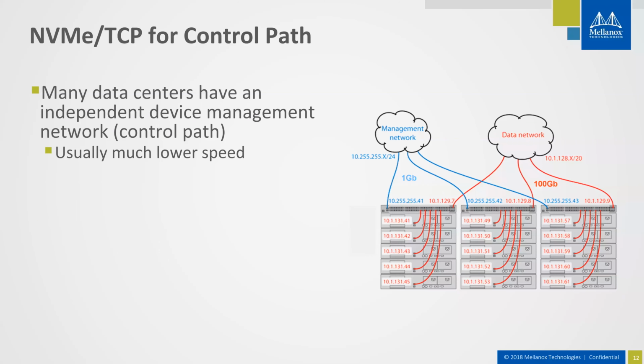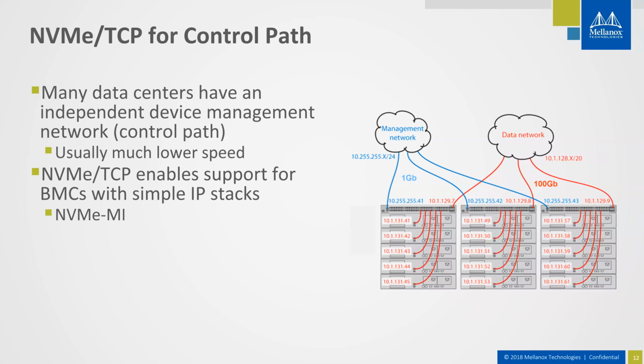The final example I'm going to show is using NVMe over TCP for out-of-band management. Often data centers have low-speed management networks totally independent of the main network. This is for management tasks like diagnostics, firmware updates, devices not responding that need to be reset, etc. This network usually connects to BMCs, or baseboard management controllers, in the equipment, not the main CPU.